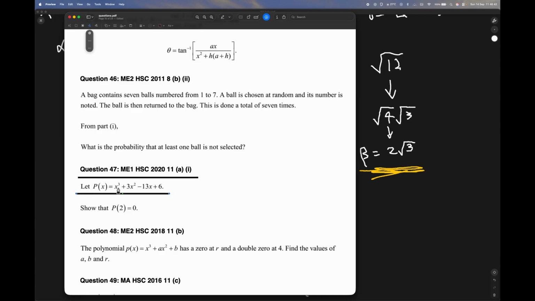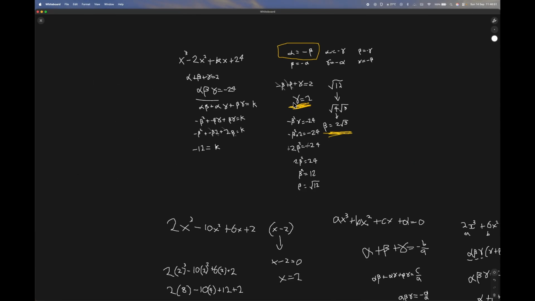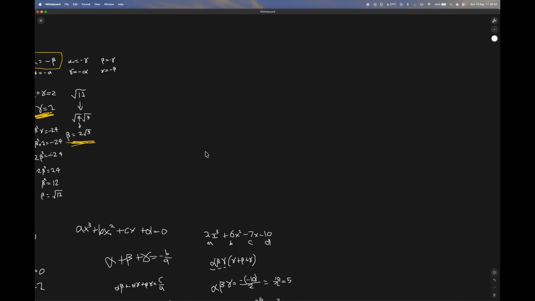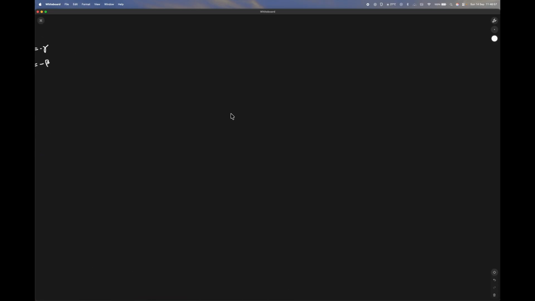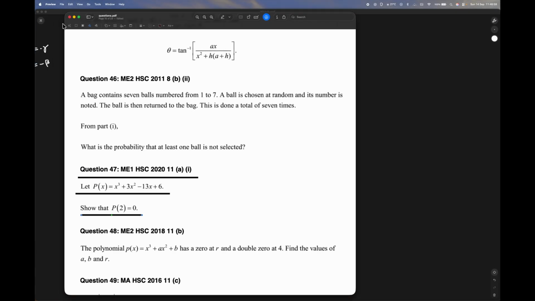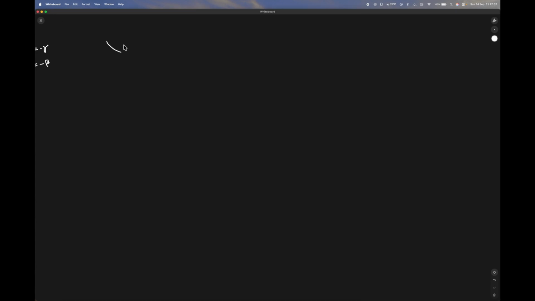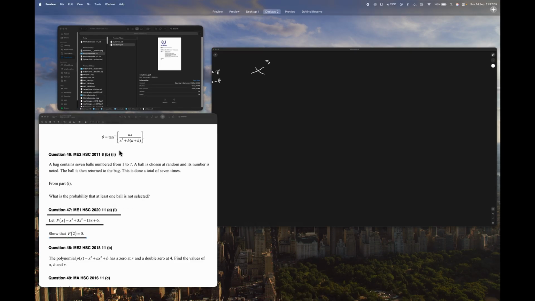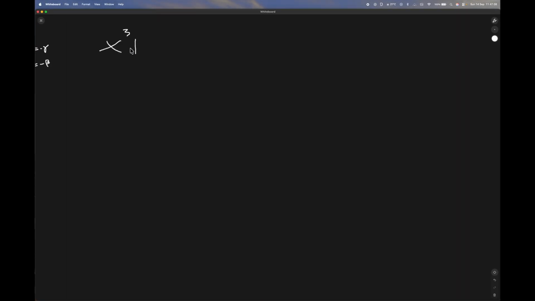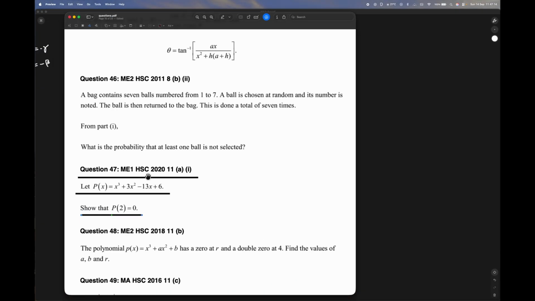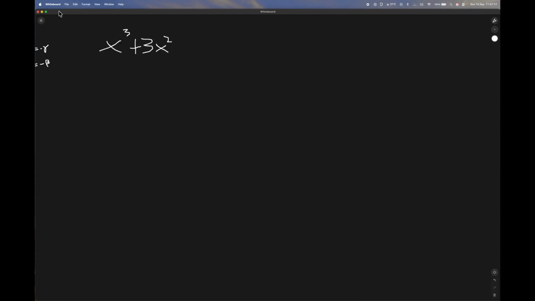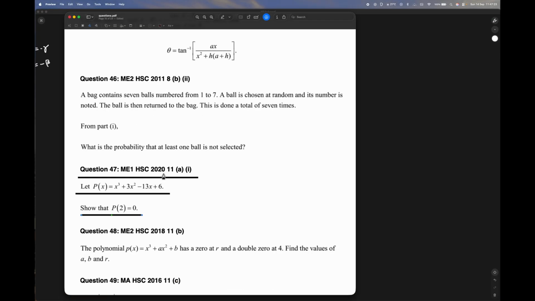Let p of x equal x cubed plus 3x squared minus 13x plus 6. Show that p of 2 is equal to 0. Okay. So let's go over here. So x cubed plus 3x squared minus 13x plus 6.